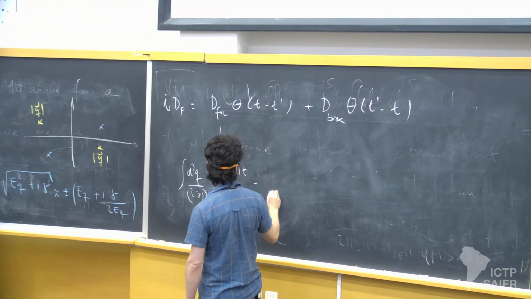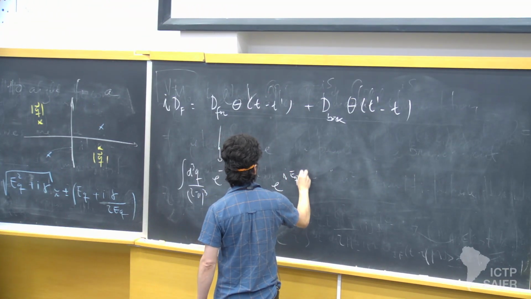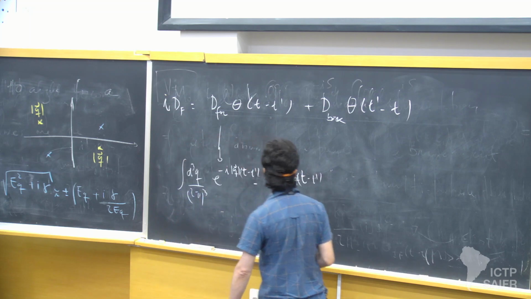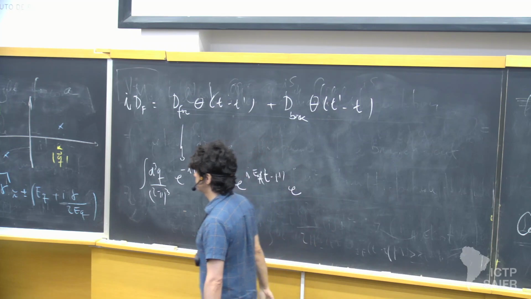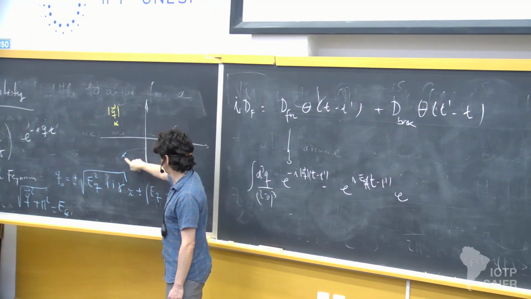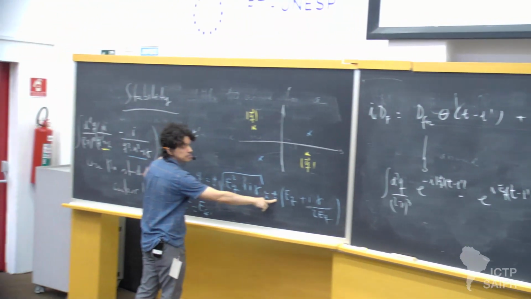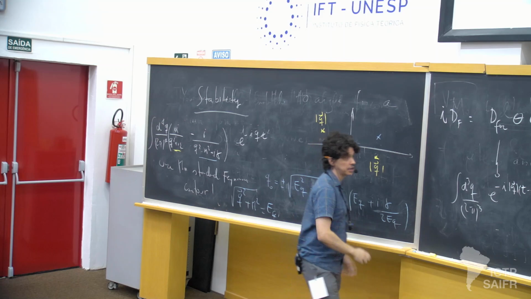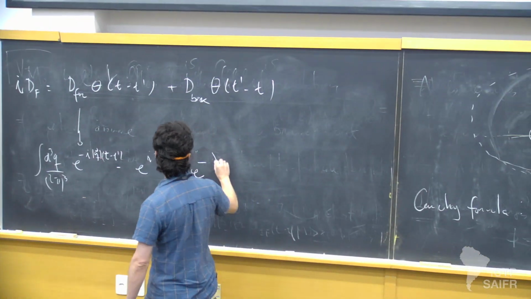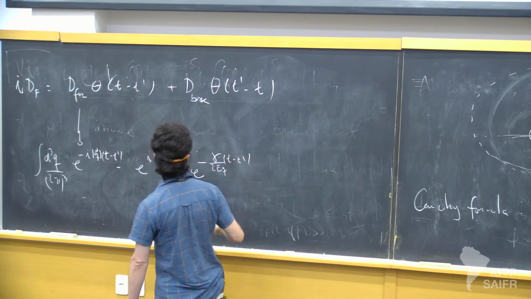But then you also have a guy which behaves like this, t minus t prime. But this pole here has a minus here. So a minus here combined with this minus here produces a decaying exponential, gamma over 2 E_Q times t minus t prime.